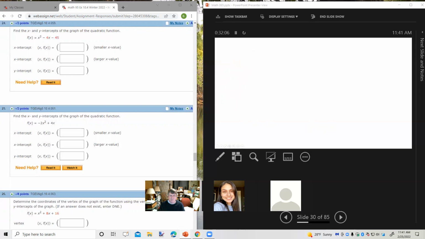All right, now let's take a look at a quadratic function, or second degree function. F of x equals x squared minus 4x minus 45. That's the same thing as y equals x squared minus 4x minus 45. To find the x-intercept or intercepts, set y equal to 0.